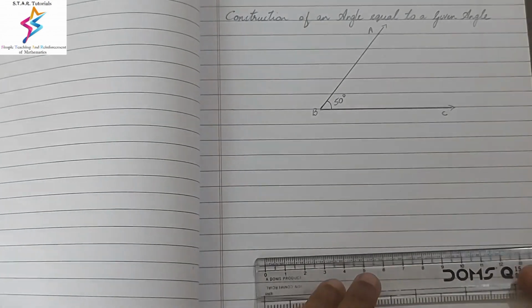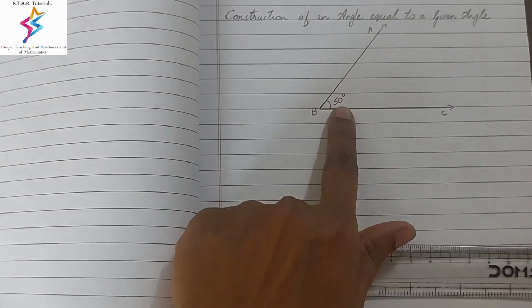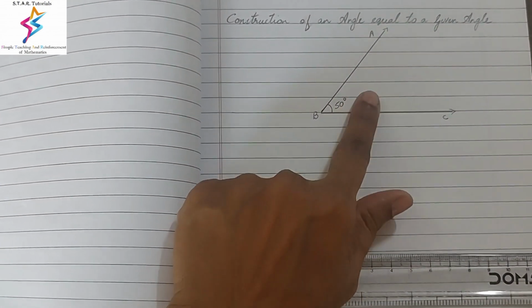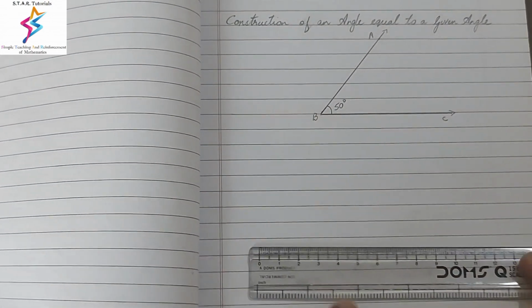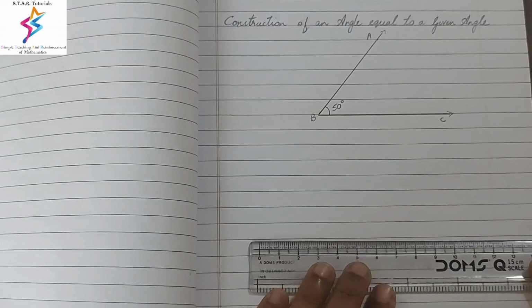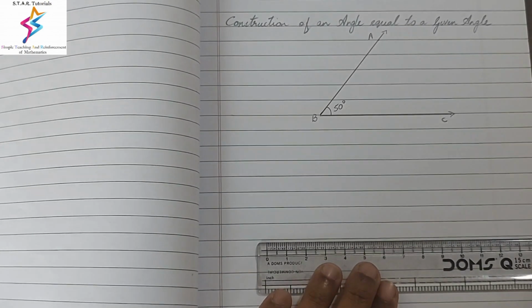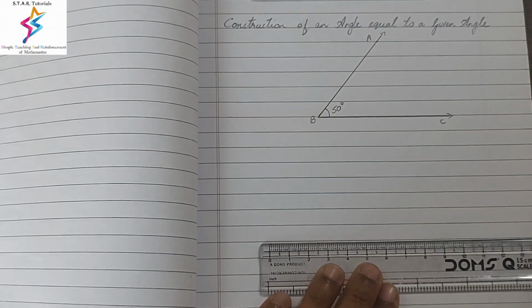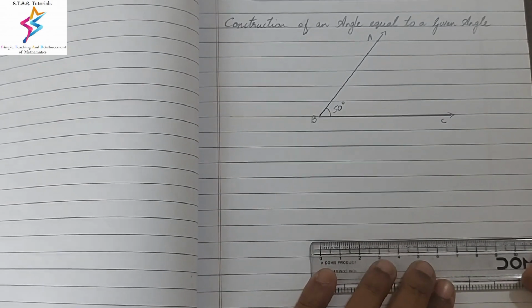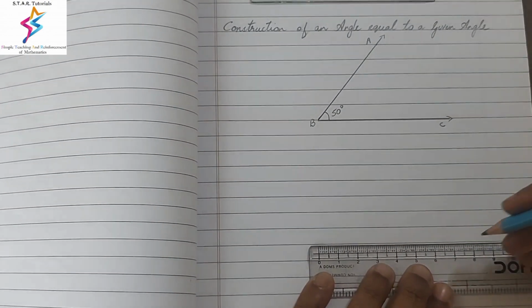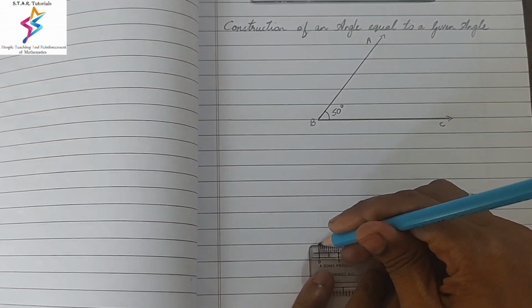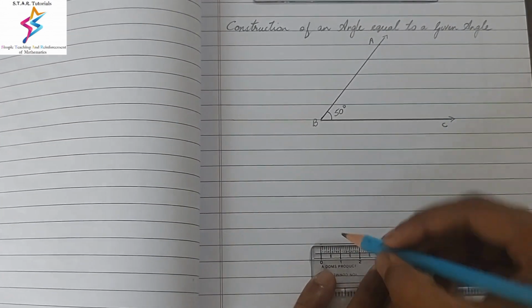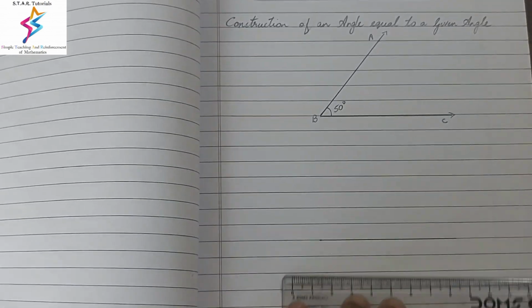Now we have to draw an angle measuring exactly the same as this 50 degrees with the help of a ruler and a compass. So let's draw. Firstly, again, draw the line. Okay, drawn the line.